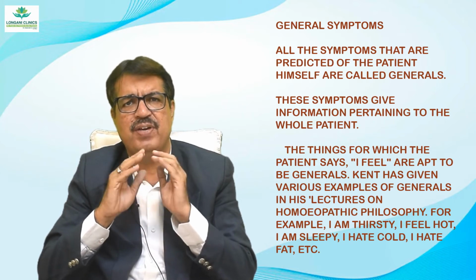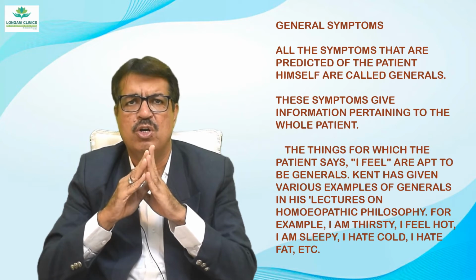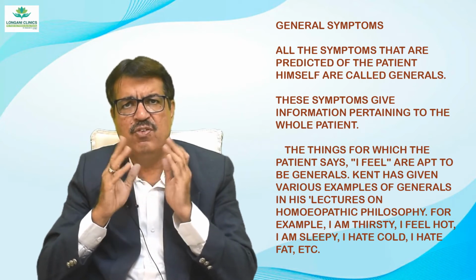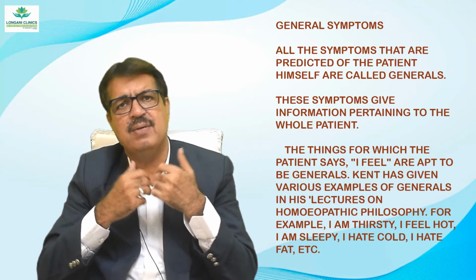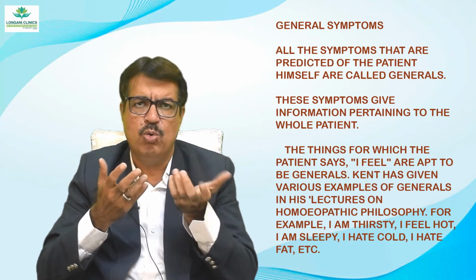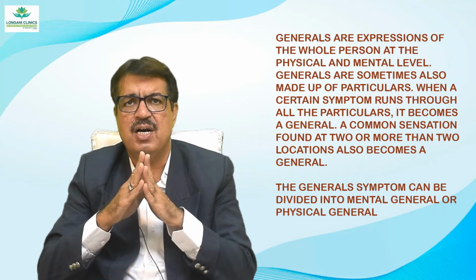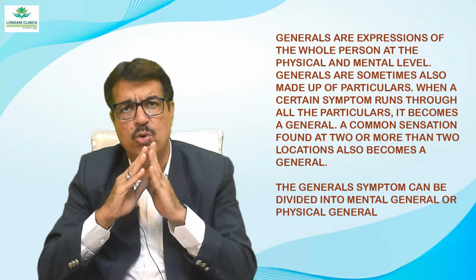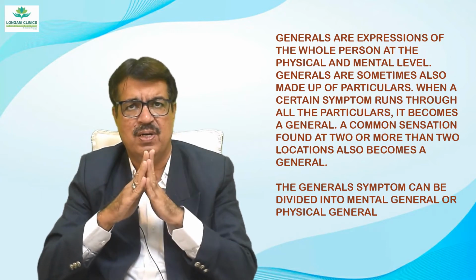Kent has given various examples of generals in his lecture on homeopathic philosophy. For example, I am thirsty, I feel hot, I am sleepy, I hate cold, I hate fat, etc. Generals are expressions of the whole person at the physical and mental level.